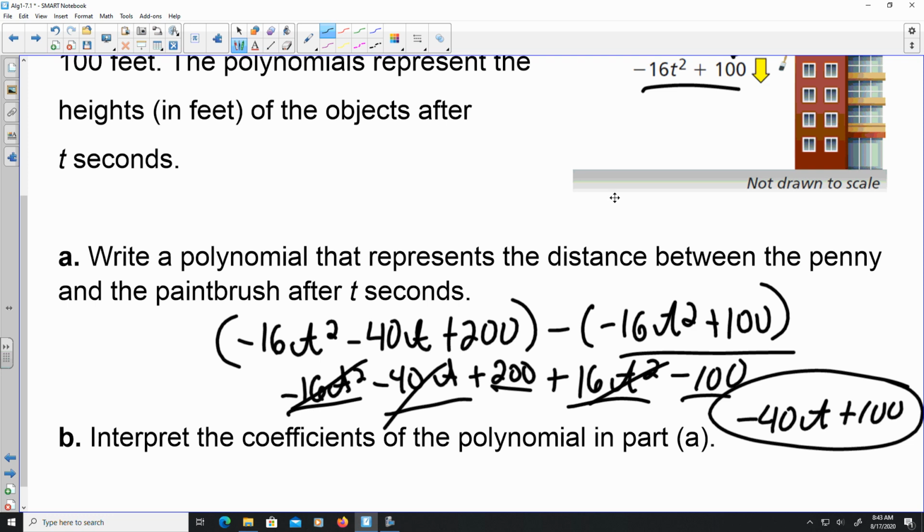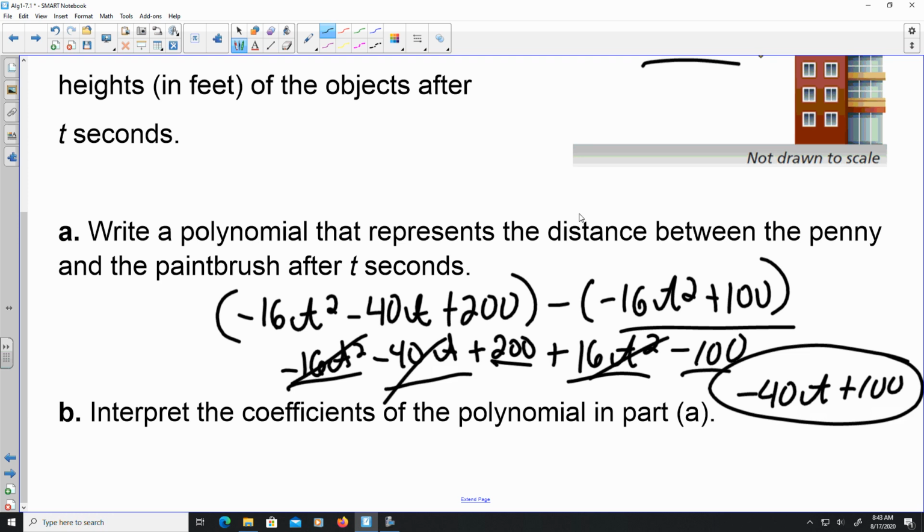So the second question says interpret the coefficients of the polynomial in part A. All right, so to interpret this, let's let t equal 0, which means the distance between the objects is, substituting 0 in for t, negative 40 times 0 plus 100.